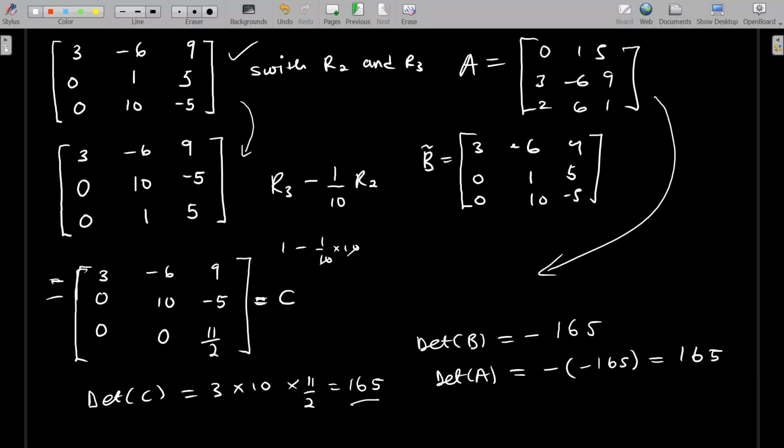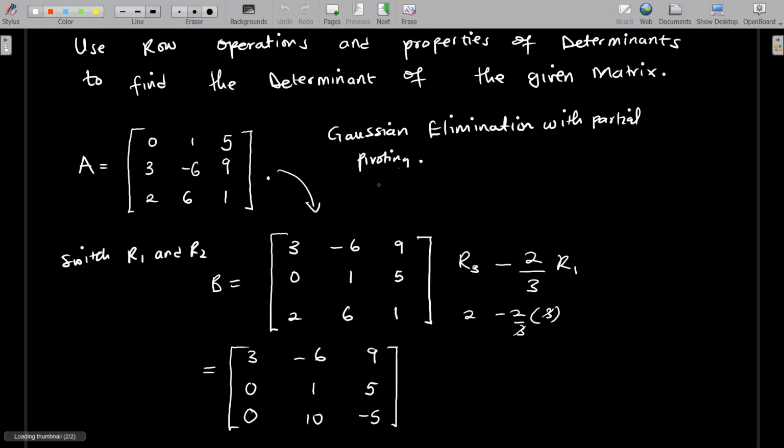This is a result of the properties of determinants. The determinant of this reduced matrix has magnitude 165, and that of A is also 165. So the determinant of the matrix given in the problem, the determinant of A, is 165.